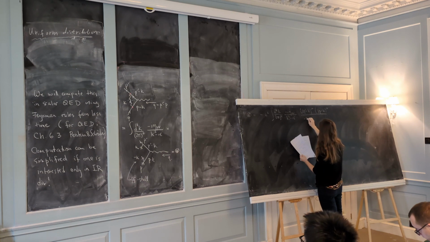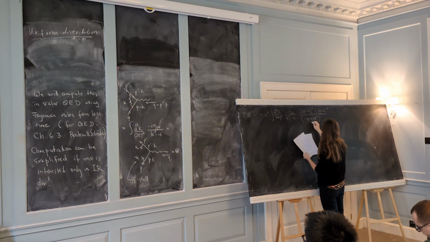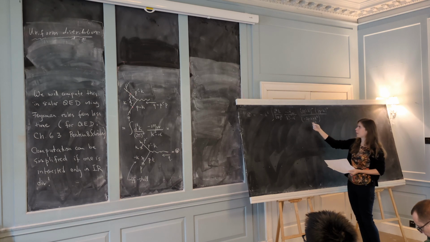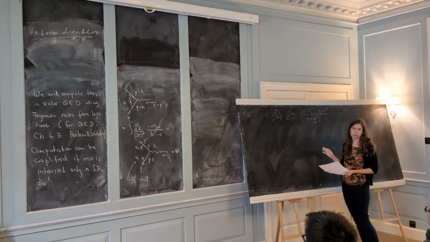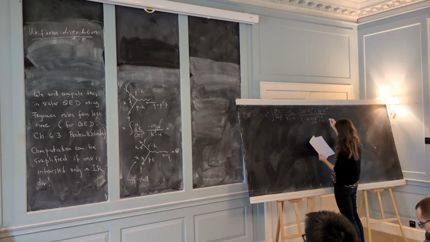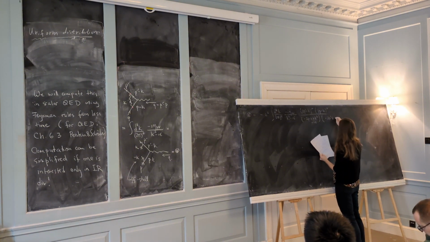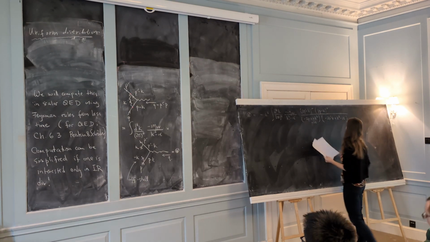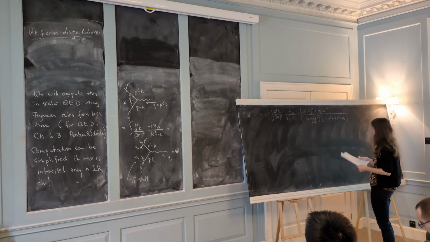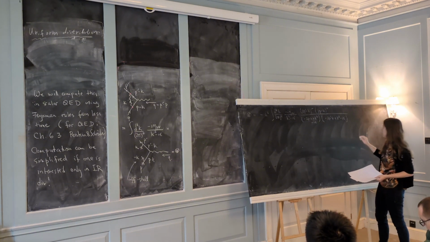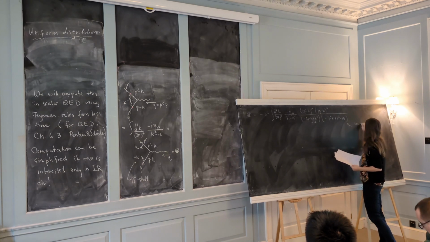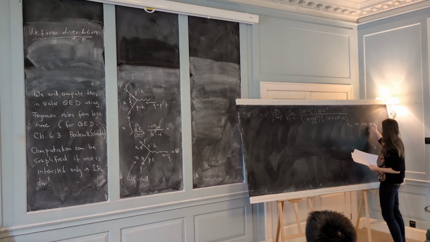divided by minus 2p dot k plus k squared minus i epsilon, where the p squared plus m squared has cancelled because p is on shell while k is not. And here we have minus 2p prime dot k plus k squared minus i epsilon. Okay. And now we are only interested in the k goes to 0 limit of this.